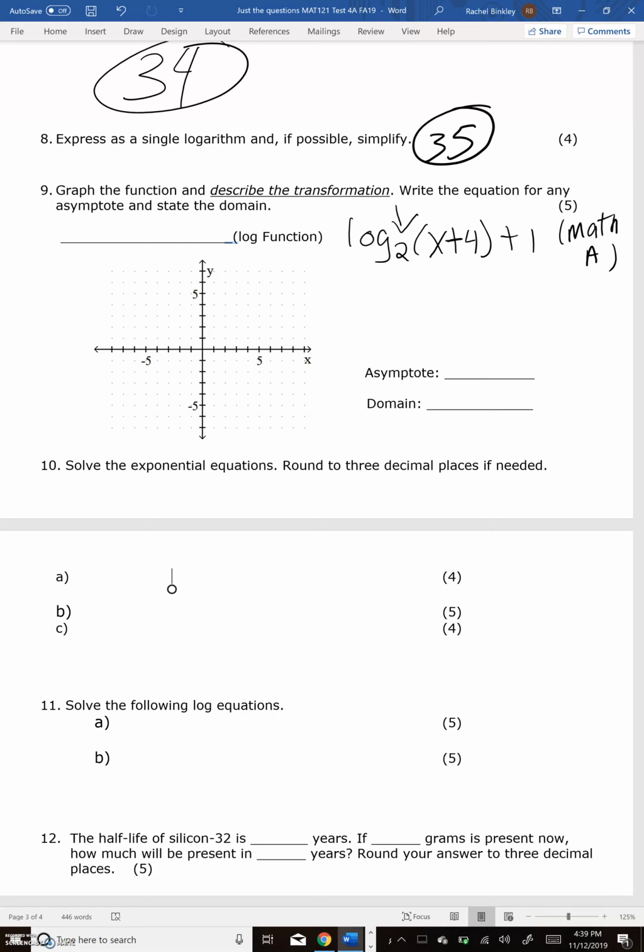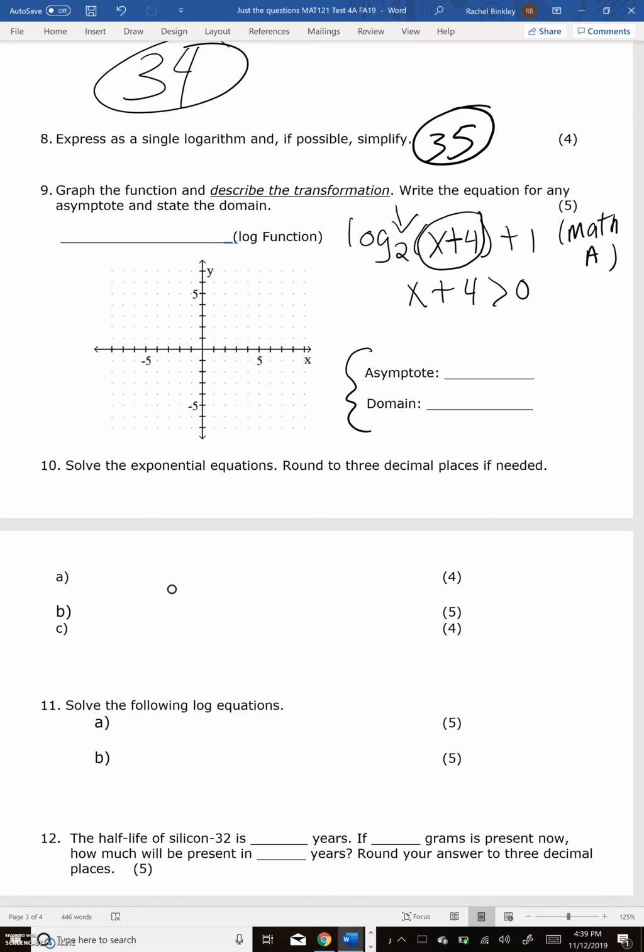The important part here is finding the asymptote and the domain. We know that you are never going to be able to have an exponent that will give you a 0 answer. So what we want to do is figure out where x plus 4 is going to be greater than 0.